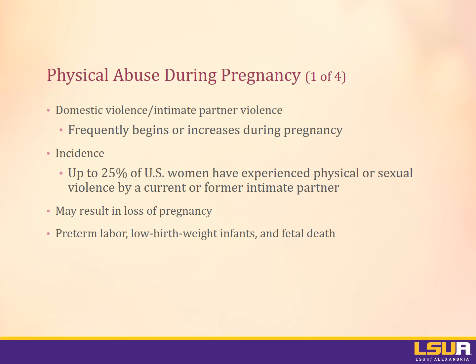Domestic violence frequently begins or gets worse when she becomes pregnant. Up to 25% of women have experienced physical or sexual violence by a current or former intimate partner, and this can result in a loss of pregnancy, preterm labor, a low birth weight, or even fetal death.